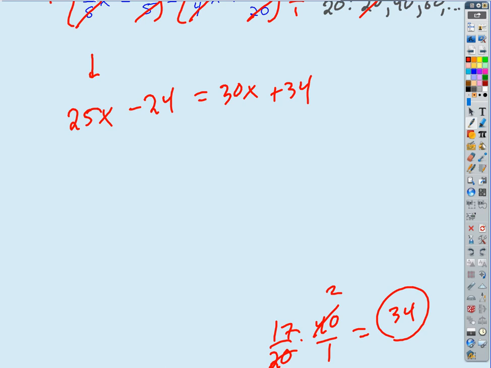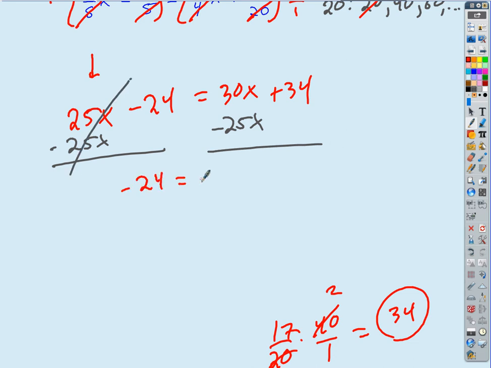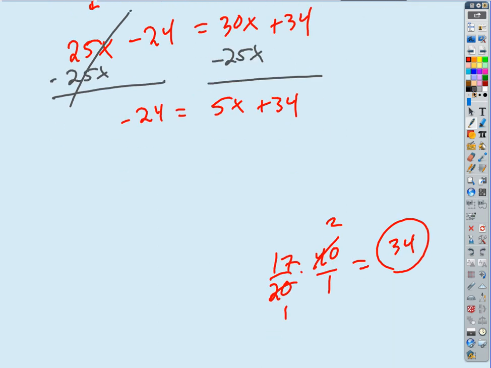Push the x's where? To the right, good. So we'll subtract 25x from both sides. So the 25x's cancel. I get negative 24 equals what? 5x plus 34. Last two steps. Subtract 34, good.